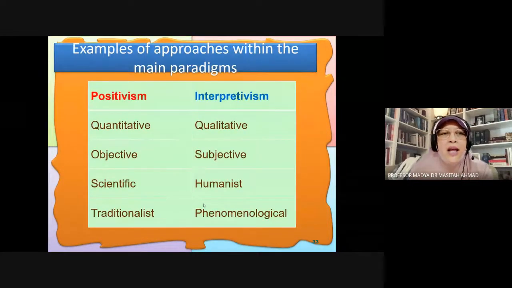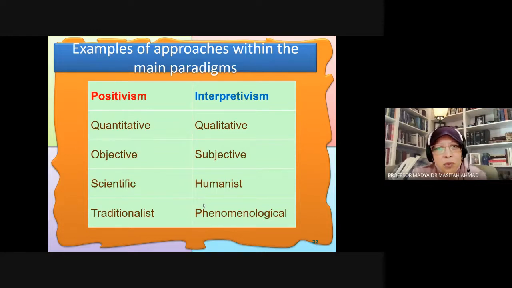And examples, okay, the table that we have here: when you are using positivism or interpretivism, it helps you see what approach might be suitable for these main paradigms. For positivism, the method suitable for your approach is quantitative, and it's more objective, scientific, and traditionalist.